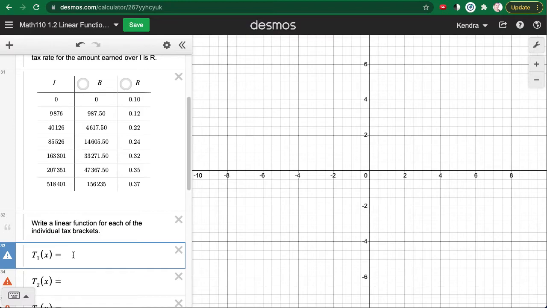So let's do this. The first one, if I have an income level between 0 and $9,876, then my tax should be determined by a $0 starting amount plus 10% of my income.